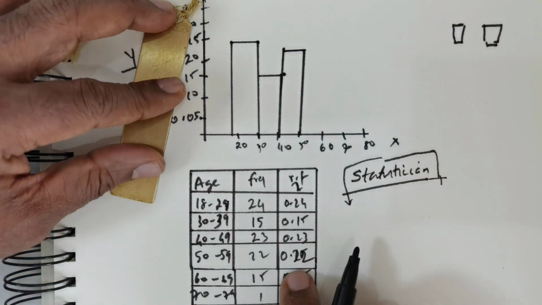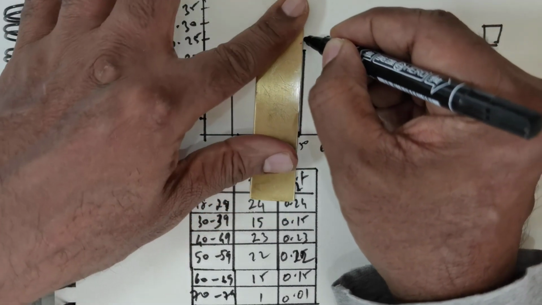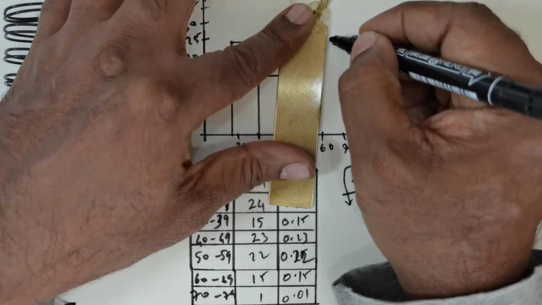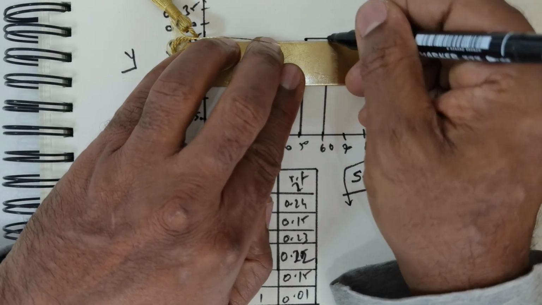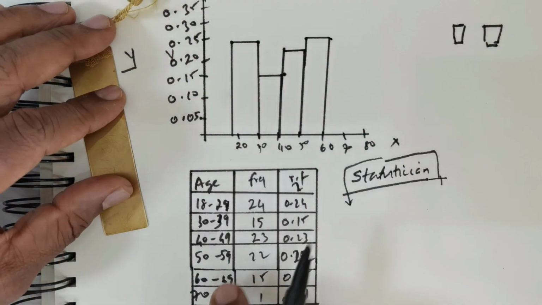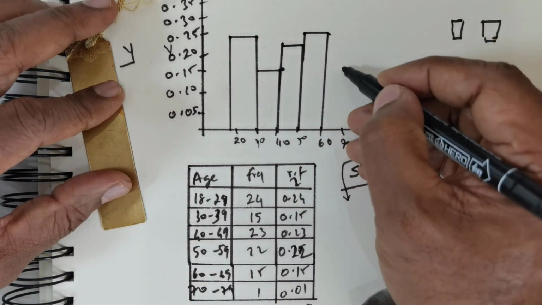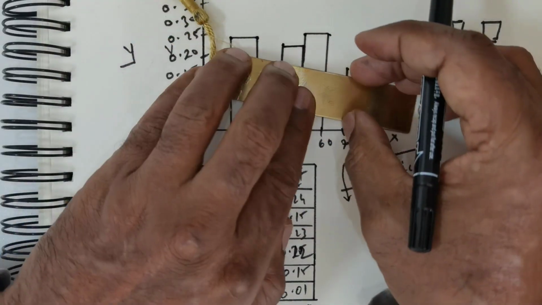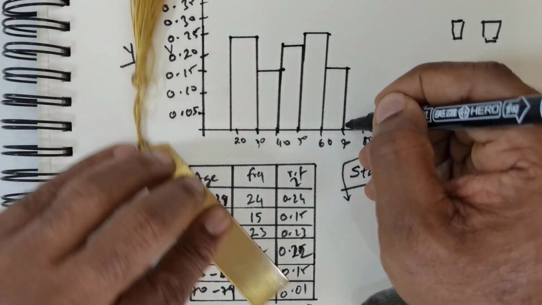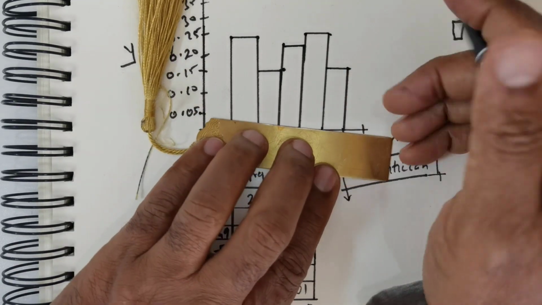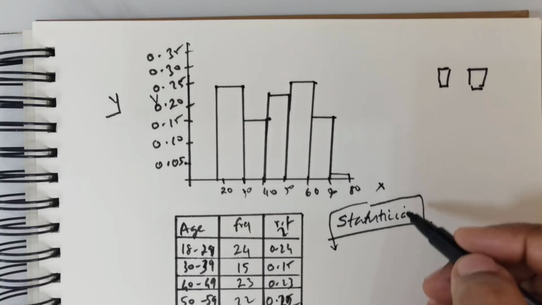And 50 to 60, 0.22. 0.22 is over here. So you connect this. And 60 to 70, 0.15. So 0.15 is over here, and then 70 to 80, 0.01. 0.01 is somewhere over here. So that is how we get the histogram using relative frequency.